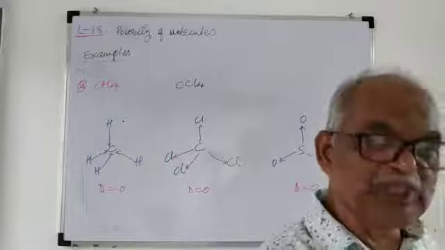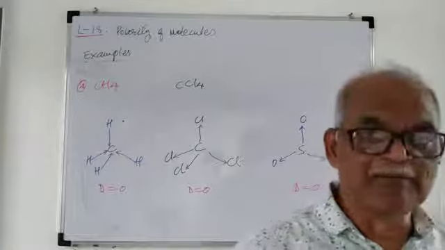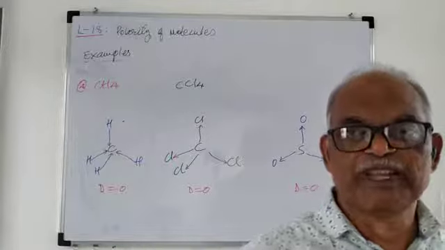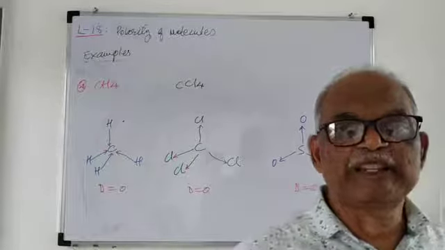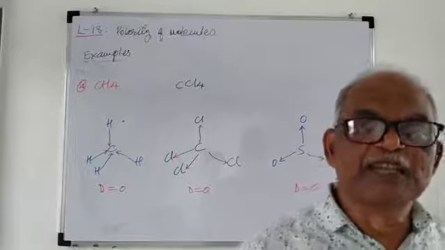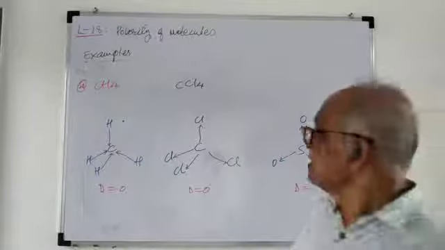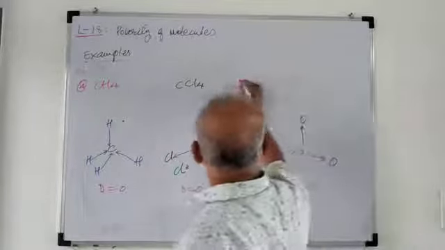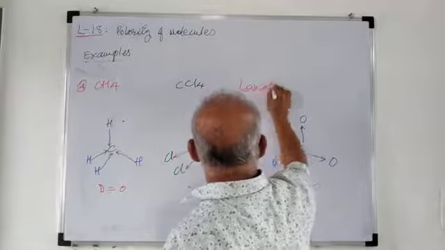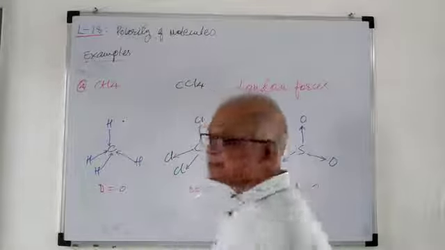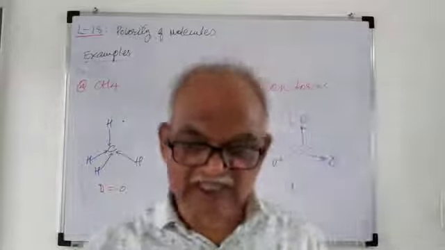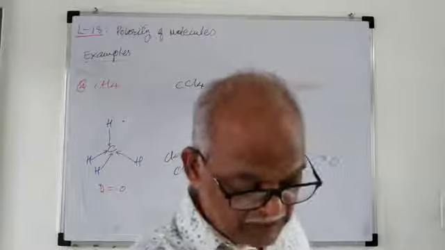So this will develop a net dipole, and because of the fluctuation in electron density in the molecule, there is development of attractive forces, and these attractive forces are called London forces, or dispersion forces.